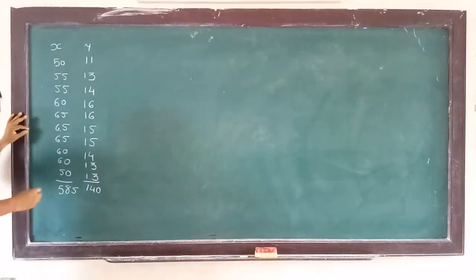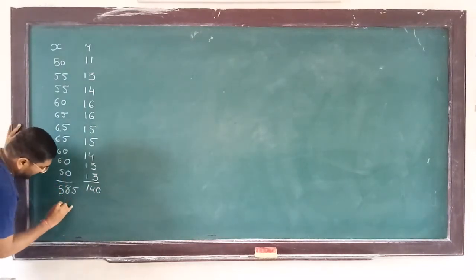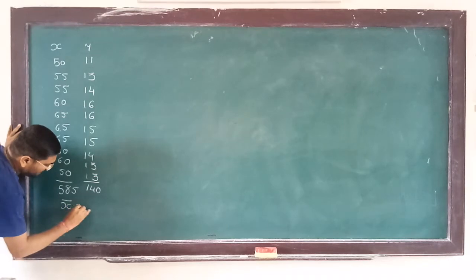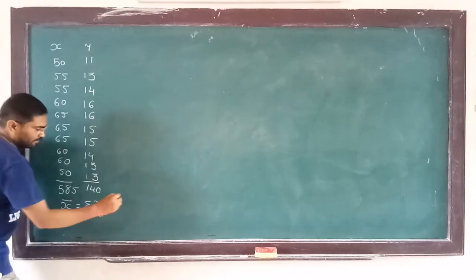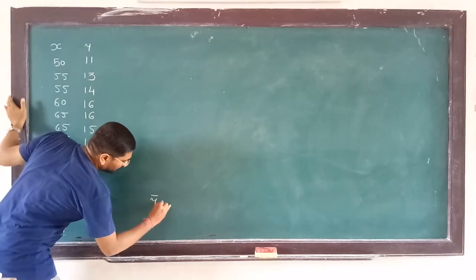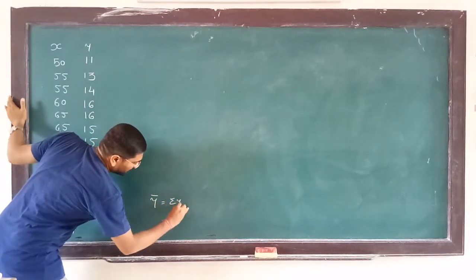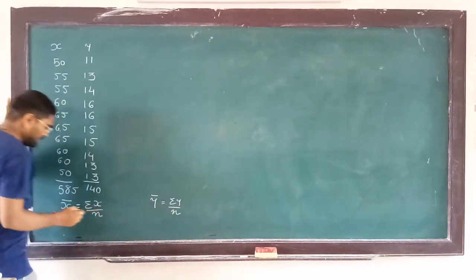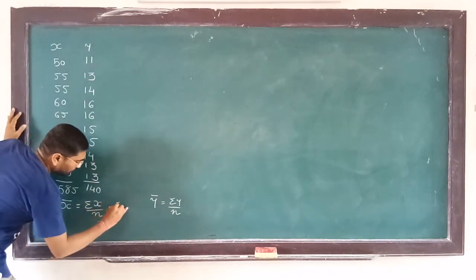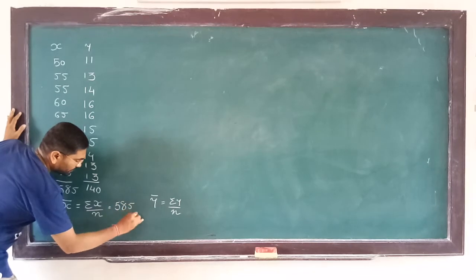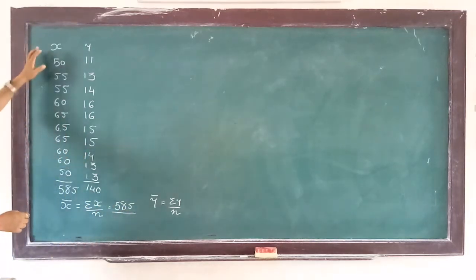Second step, x bar and y bar. X bar is equal to sigma x upon n and y bar is equal to sigma y upon n. Here sigma x is 585 upon the total number of observations, which is 10.